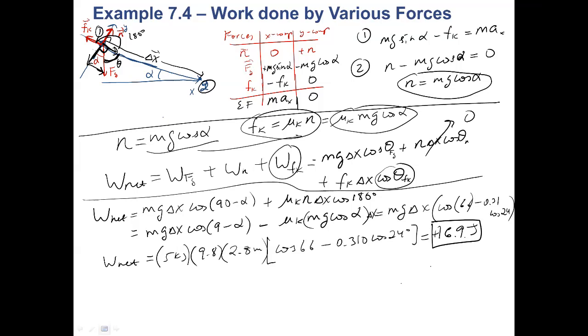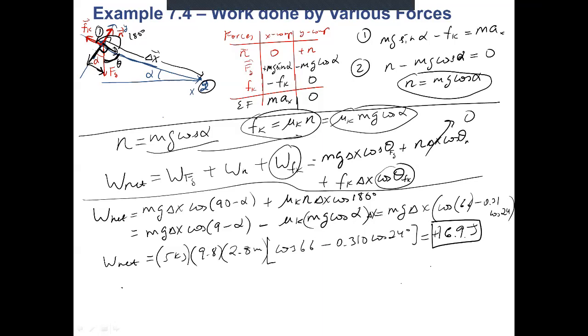You can see it in the slides. When you subtract them, you get 16.9 joules. Here I did everything together, but that's the idea. You can calculate the net work done by finding each individual work done and adding them together. If one of them is negative, you basically subtract them.